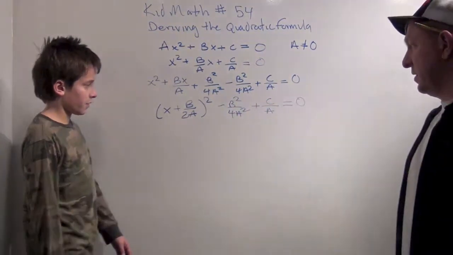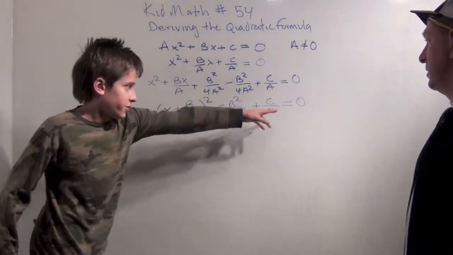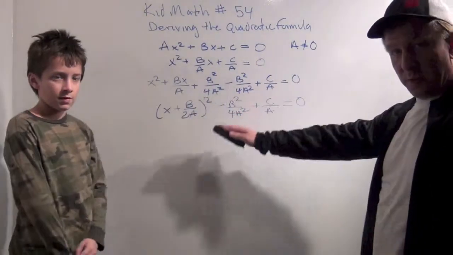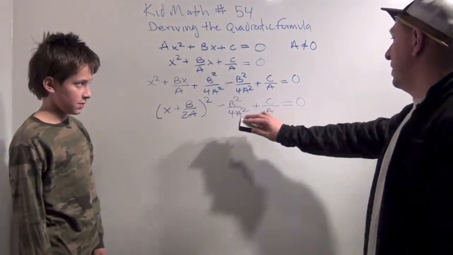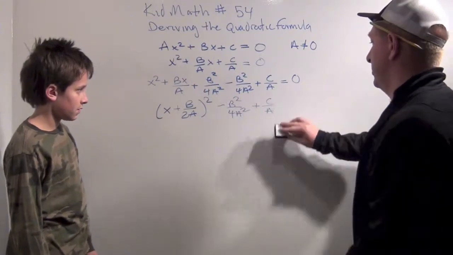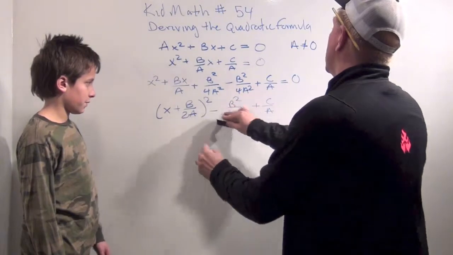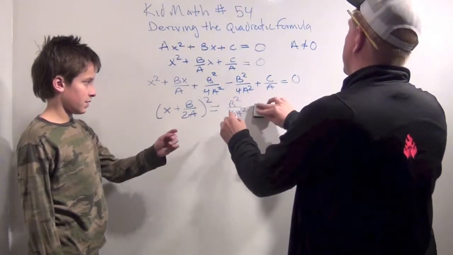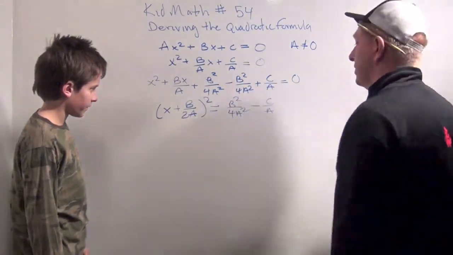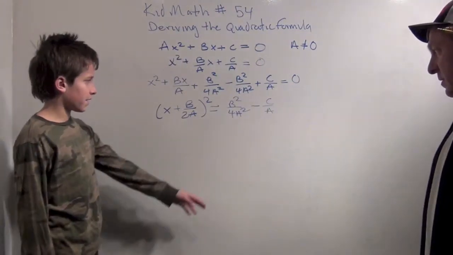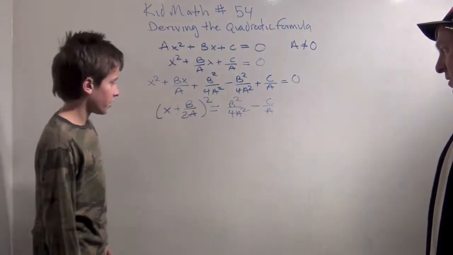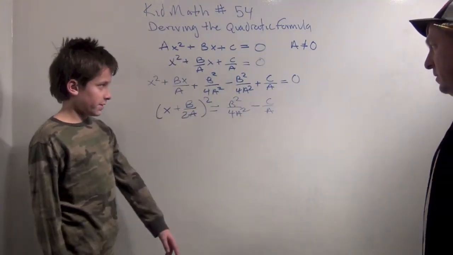Okay, what's the next step? We bring these two to the other side. Since we're running tight on room, I'm going to do that by just putting the equals over here. The plus turns into a plus, and this turns into a minus. Okay, awesome. So next we get the common denominator, which is 4a squared.